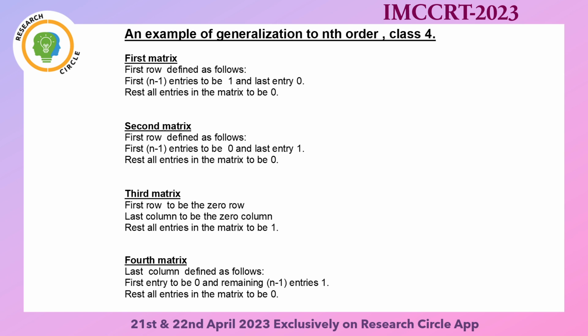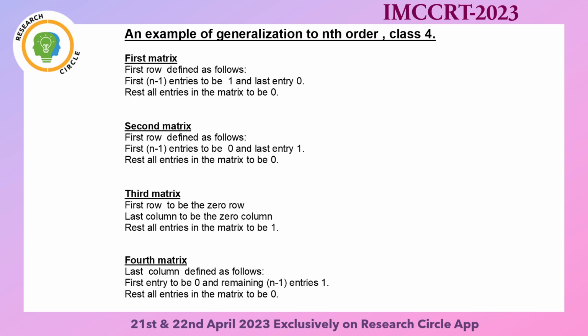We can take the first matrix as follows. We take the first row to be defined as follows. The first n-1 entries to be 1 and last entry 0, and rest all the entries in the matrix to be 0. Then we can take the second matrix as follows.